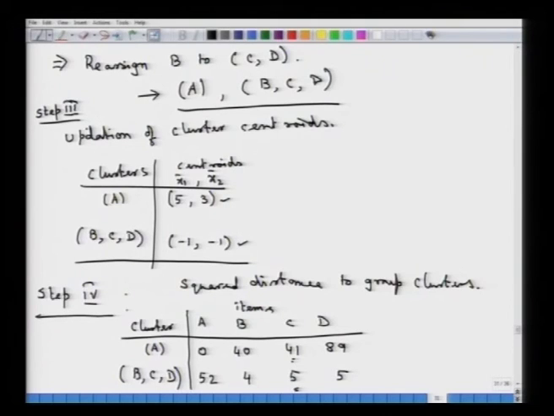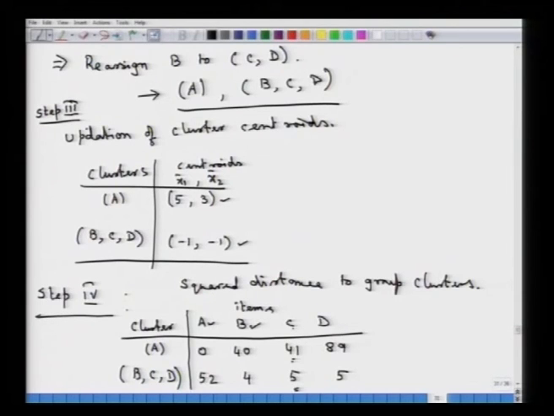Now, we see that A anyway cannot be reassigned. We first look at B, the distance of B and the cluster center A is 40, this is 4, and hence B is correctly put into this set. So, no reassignment for B is required, neither for A.